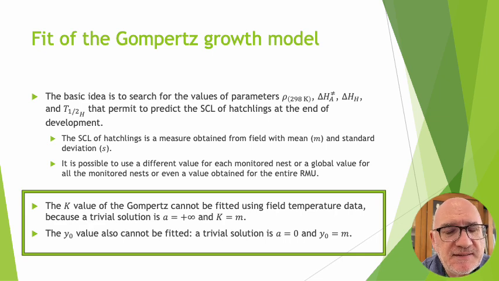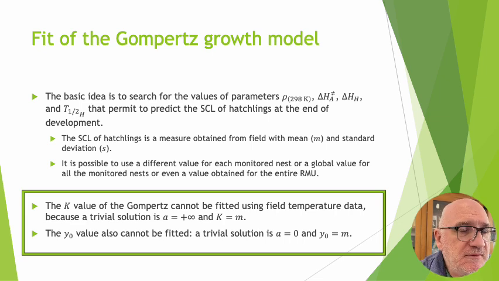The straight carapace length of hatchlings is a measure obtained from the field with mean and standard deviation to measure the heterogeneity of the size of hatchlings. It is possible to use a different value for each monitored nest, or a global value for all the monitored nests, or even a value obtained for the entire RMU.